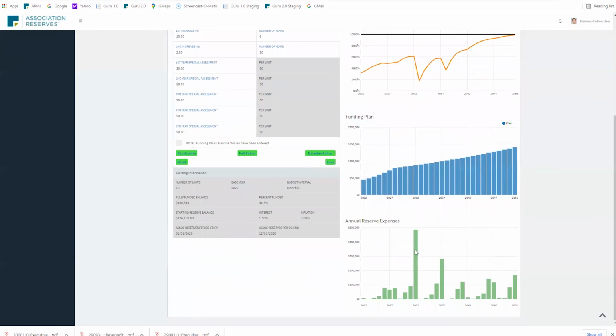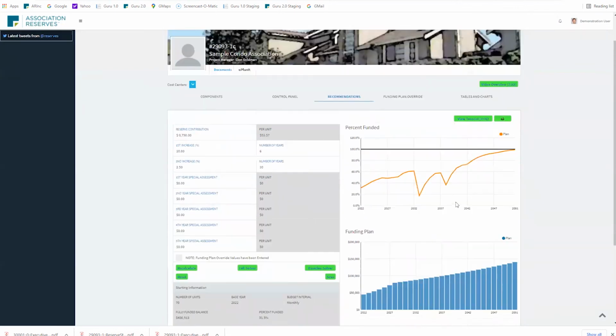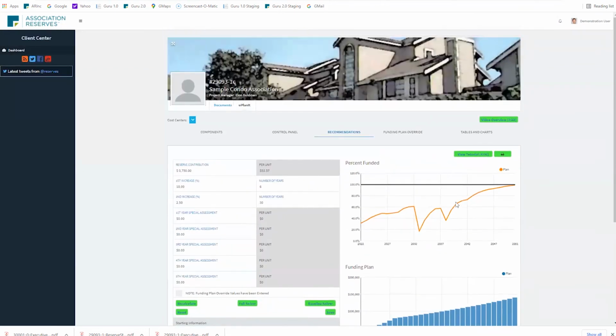And oh wow, big year right there. That's their big year. And here's their second big year, and that's exactly why they have the drops. Yeah. Okay, well, they could then go back and start seeing if their components have any kind of flexibility or not. But again, this is exactly what we want to do here, kind of show what to do with the funding plan. Again, if you like it, print it, get a record of it.